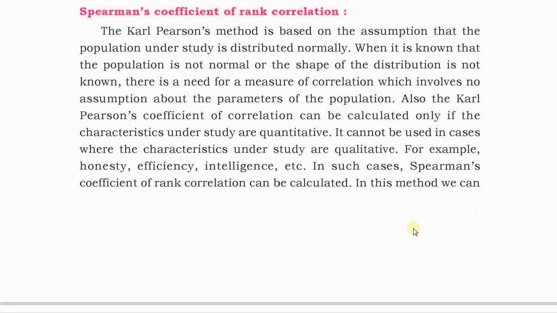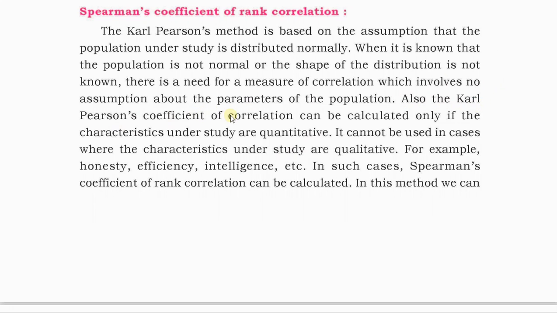Another demerit that we discuss here is that Karl Pearson's method is based on the assumption that the population is distributed normally. This concept we are going to study in the next syllabus or the next year. But anyway, it assumes the normal distribution. Also, let's focus on this point here.